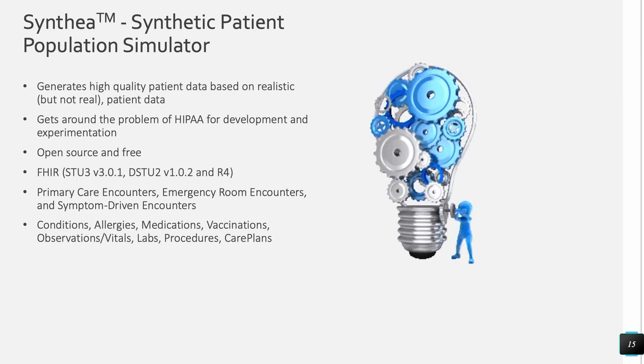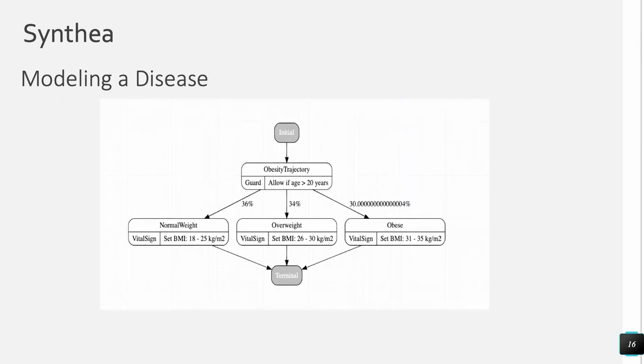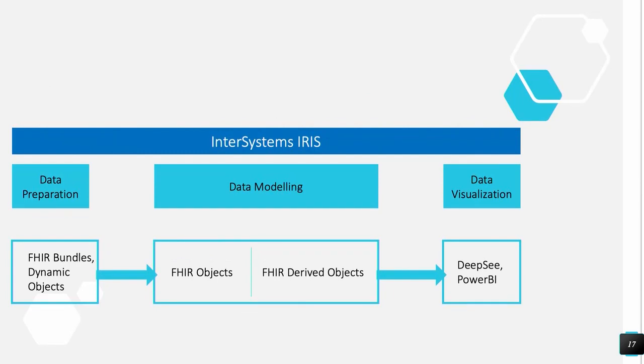And so we've generated data that you'll see in this production. Additionally, you can model diseases using Synthea. I'm not going to go into the specifics here, but here's an example of making a disease dealing with obesity and modeling how many values or percentage of values you get from different parts of the population.